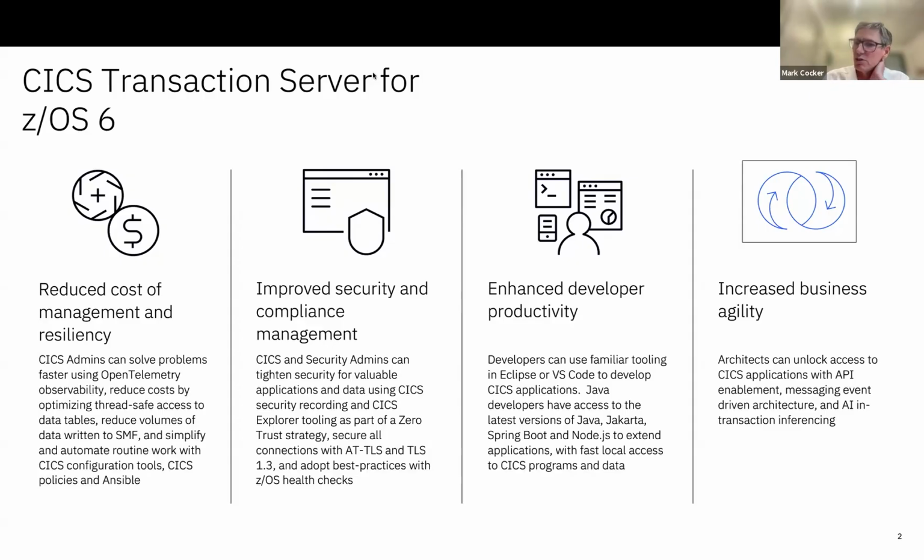And then lastly, our increased business agility. CICS as a middleware is very much involved in bringing a lot of pieces together for an overall application that's running on the mainframe. Whether that's messaging, API services, access to structured data like VSAM or DB2 or IMS, or perhaps even unstructured data living in some of those environments as well.